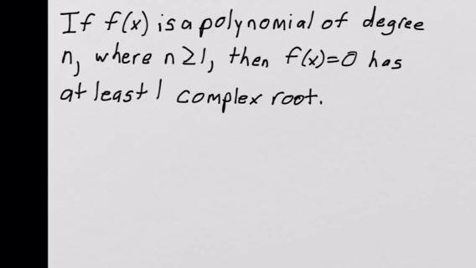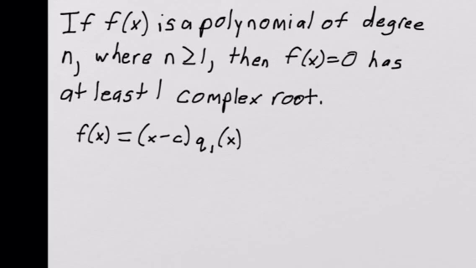But this does give us something nice. So we know that f of x has a 0. So we'll just do x minus c, and then it's multiplied by something, q1 of x.